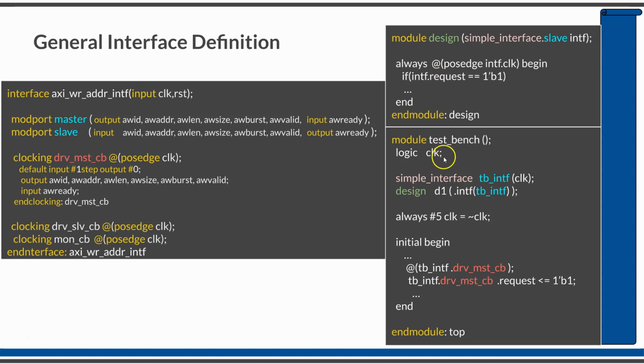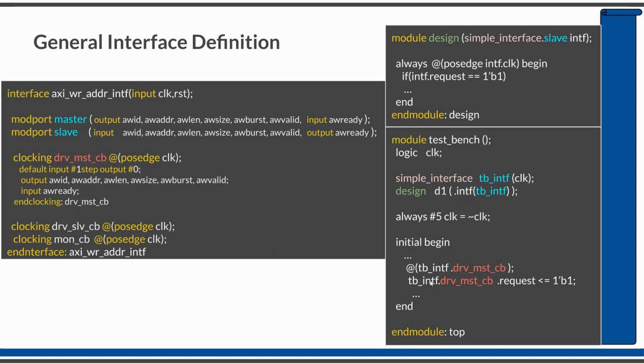And in the test bench, you will instantiate the interface with some name, and you will pass it into the design. And when you drive signals into this design, you will be using the drive master clocking block. So say if you wanted to wait for a clocking event, you will be using at tb_interface dot this particular clocking block, drive master clocking block.